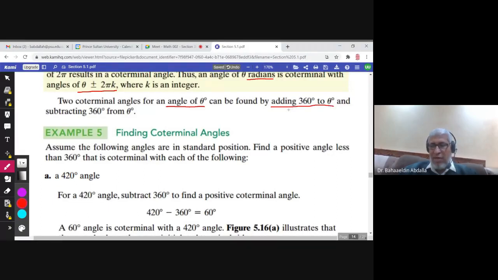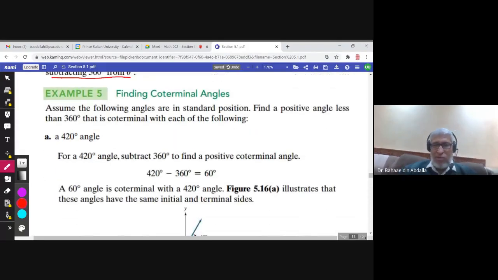By adding 360, you get another coterminal angle. And by subtracting 360 from theta, you get another angle. So here you get two coterminal angles to theta. Once you add 360, and the other time you subtract the 360.